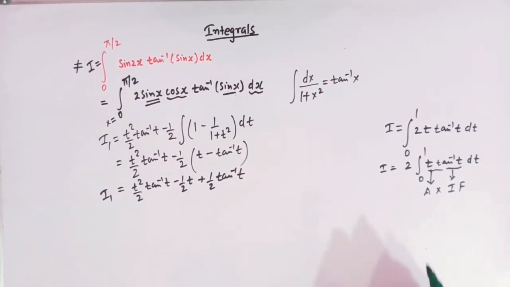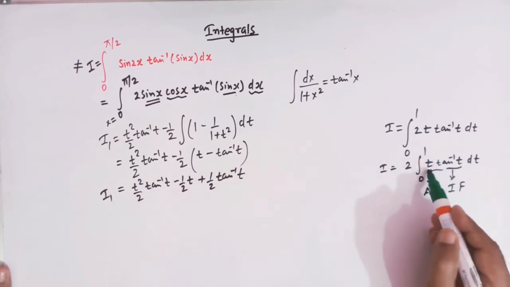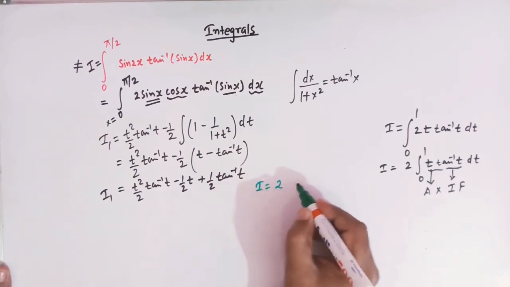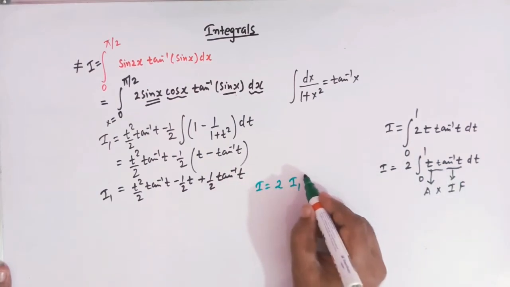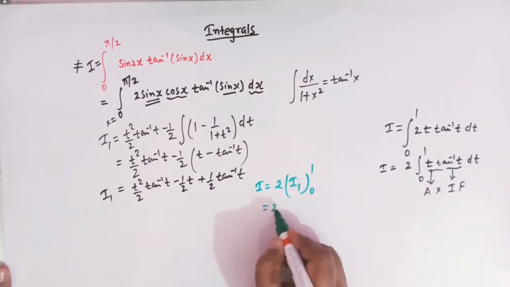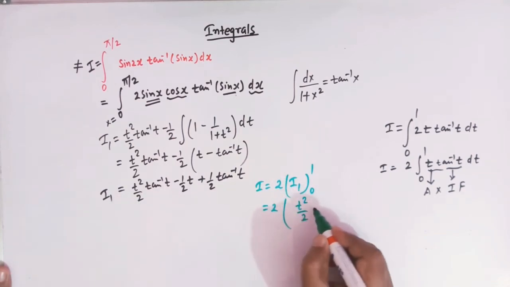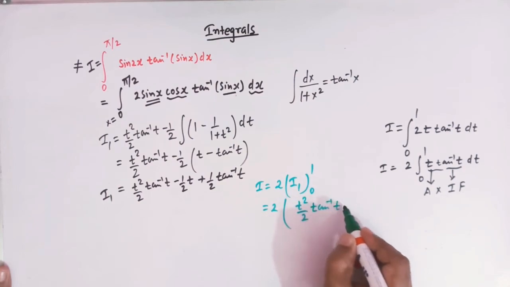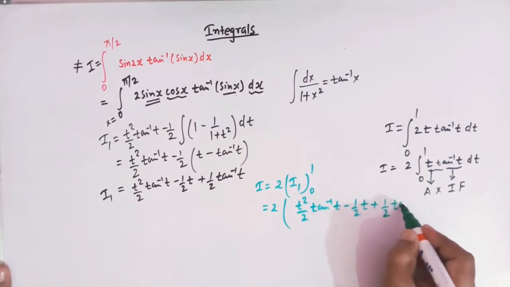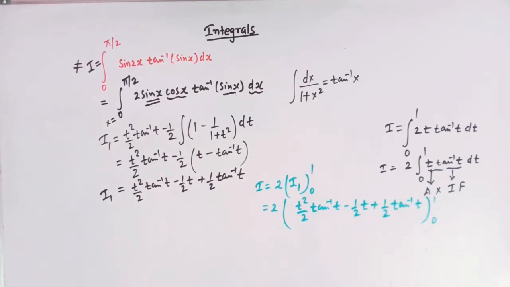Now we have to find the definite integral of this function. So I is equal to 2 times I1, and the limits are from 0 to 1. So we have 2 times, where I1 is t square over 2 tan inverse t minus half t plus half tan inverse t, and the limits are from 0 to 1.